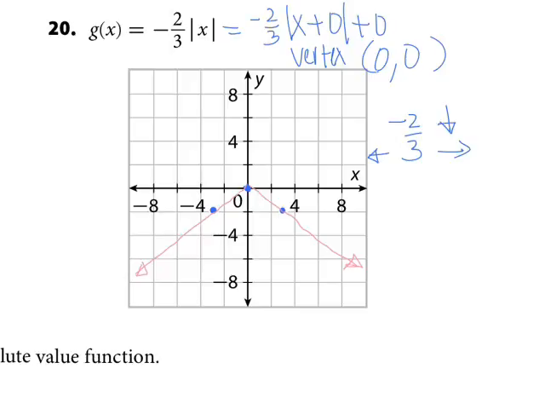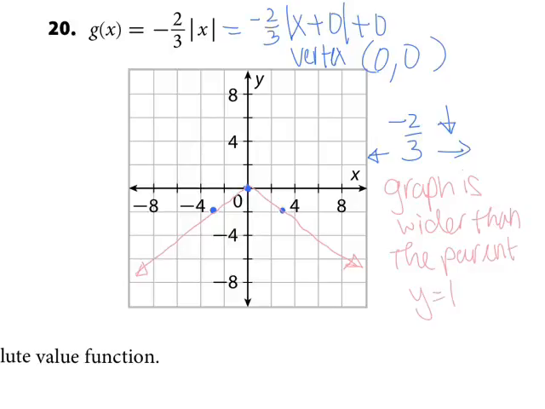And you can see that this graph is wider than the parent, and the parent would be y equals absolute value of x. It's also reflected across the x-axis.